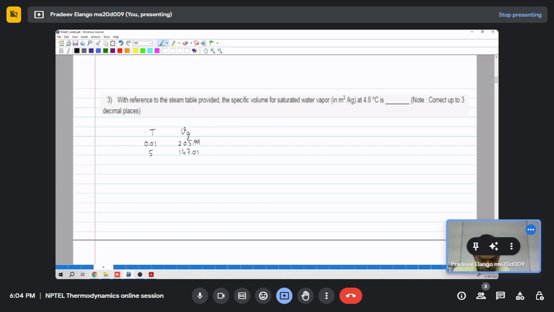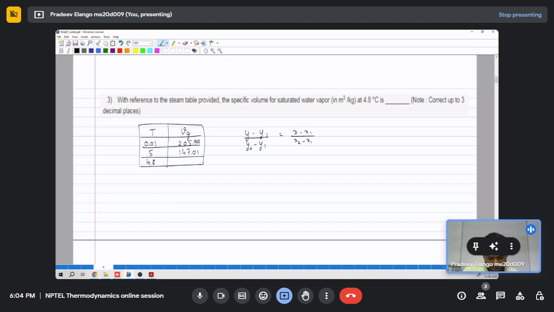For interpolating to 4.8 degrees Celsius, using straight line equation, we have (y minus y1) by (y2 minus y1) equal to (x minus x1) by (x2 minus x1).